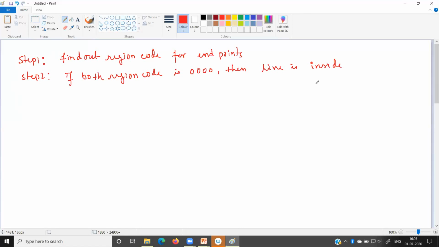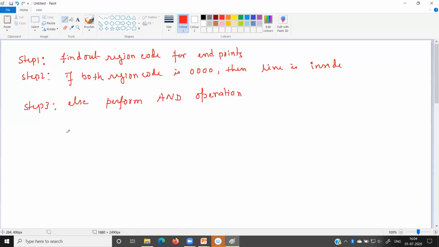Else, if both region codes are not 0, 0, 0, 0, then what we have to do? In that case, we have to perform the AND operation between the two region codes.